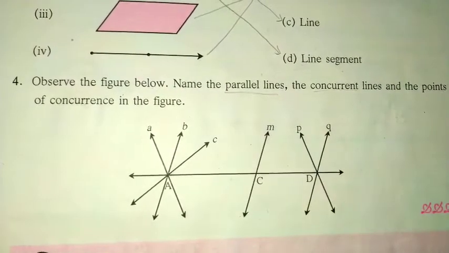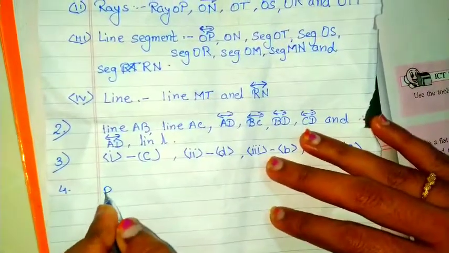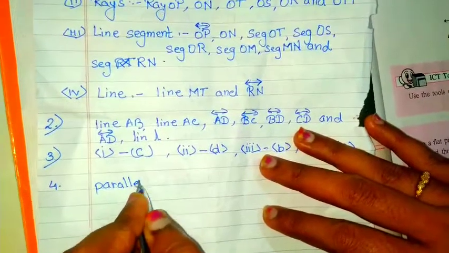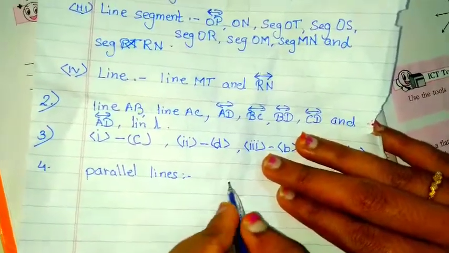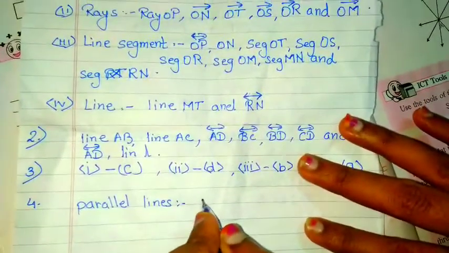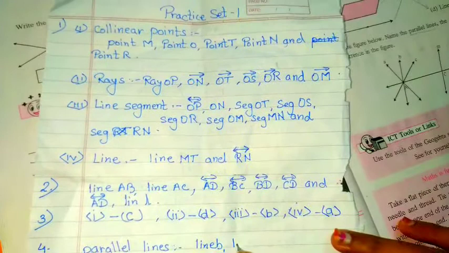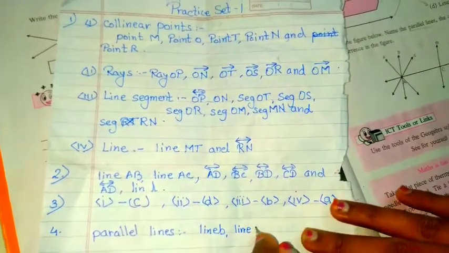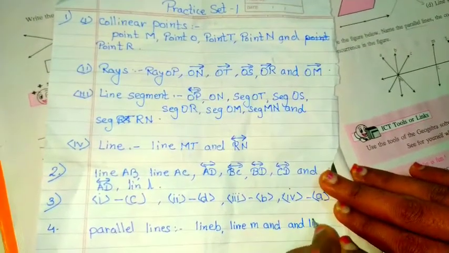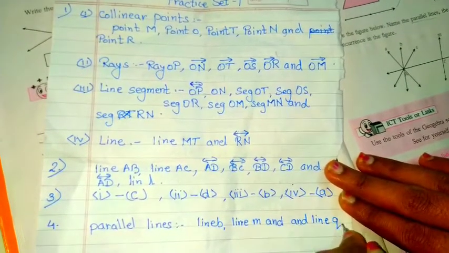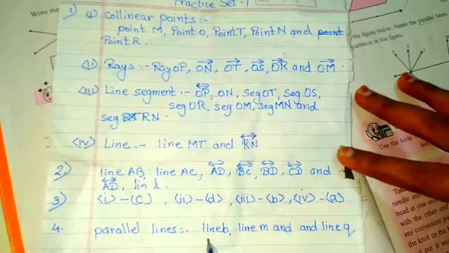First, parallel lines. In this figure, line B, line M and line Q are parallel lines because these lines do not intersect each other.